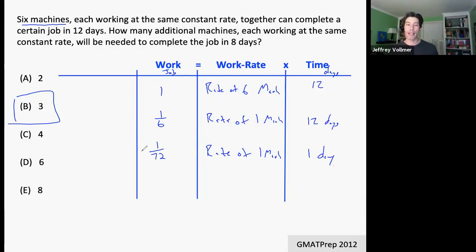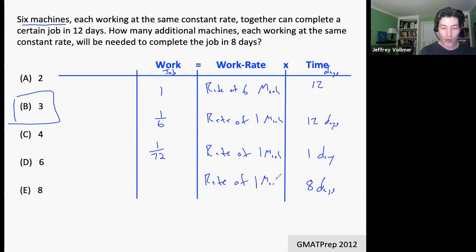And now we can start scaling this up. We have, in fact, these machines working for 8 days. So instead of working for 1 day, if you allow the rate of 1 machine to go for 8 days, well, 1/72 times 8 is 1/9. And so if you let 1 machine go for 8 days, you should get 1/9 of the job done. And then you want to get the whole job done, so you have to multiply by 9.